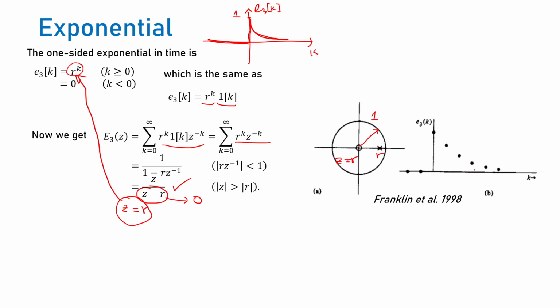So this shows you the relationship between the location of the pole with respect to the unit circle and the response in the time domain, or the k domain.